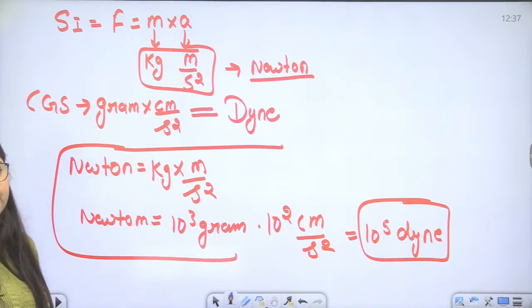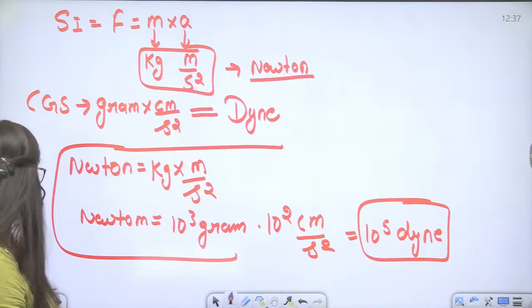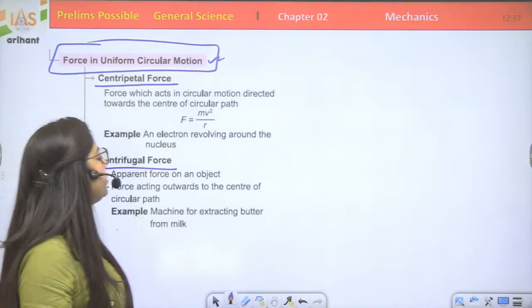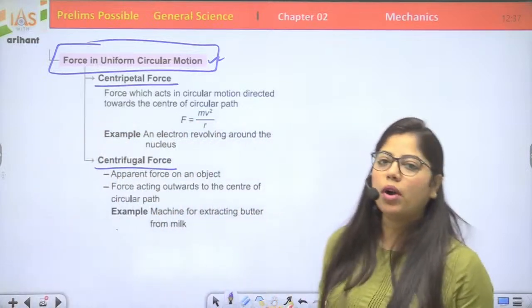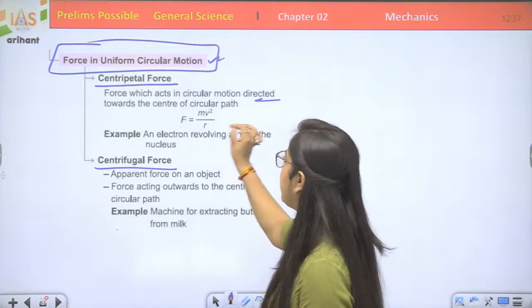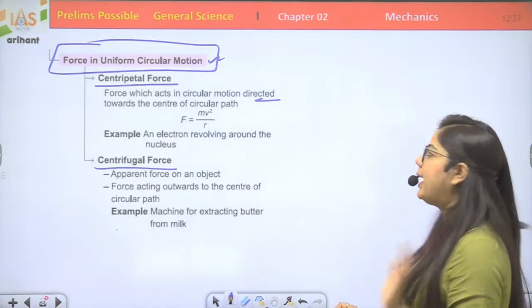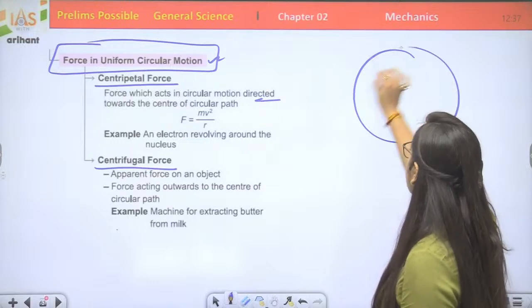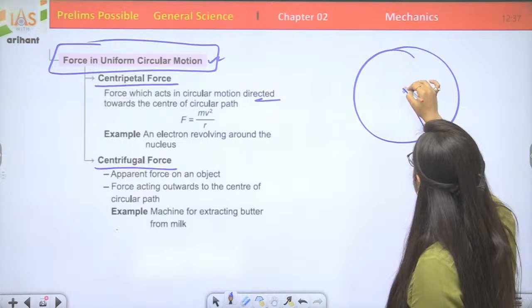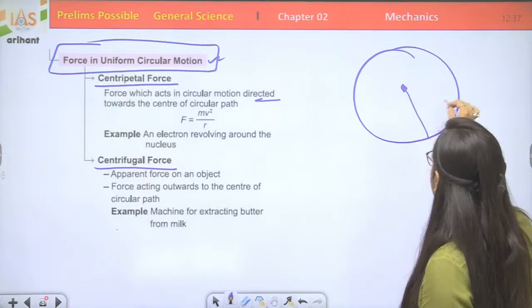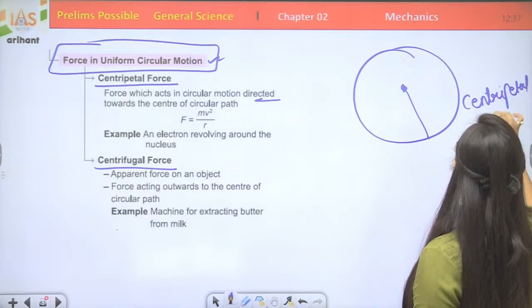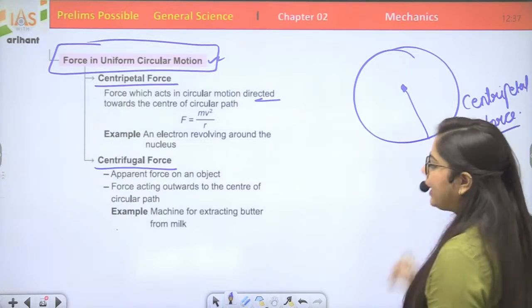See, if any body moving in a circular path has a force that acts towards the center of the circular path, it is known as centripetal force.